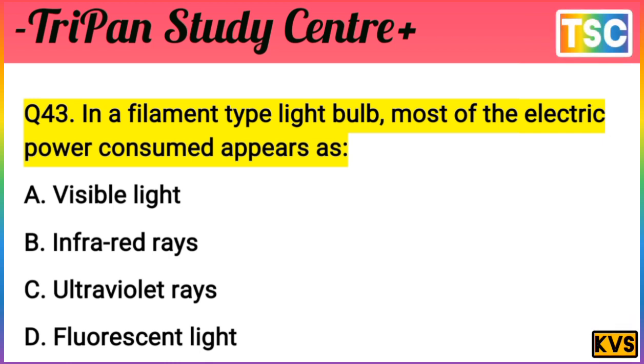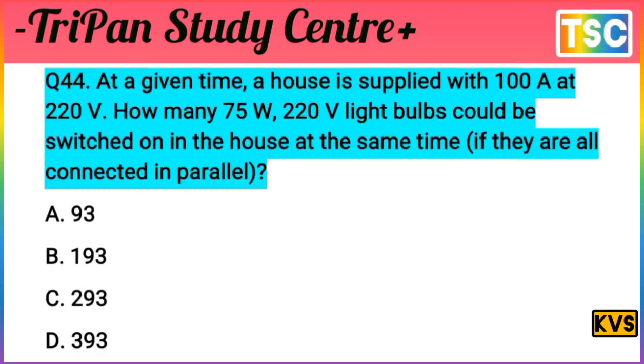That's important. Let's see the next question on your screen. The question is clear: a house is supplied with 100 ampere at 220 volt.